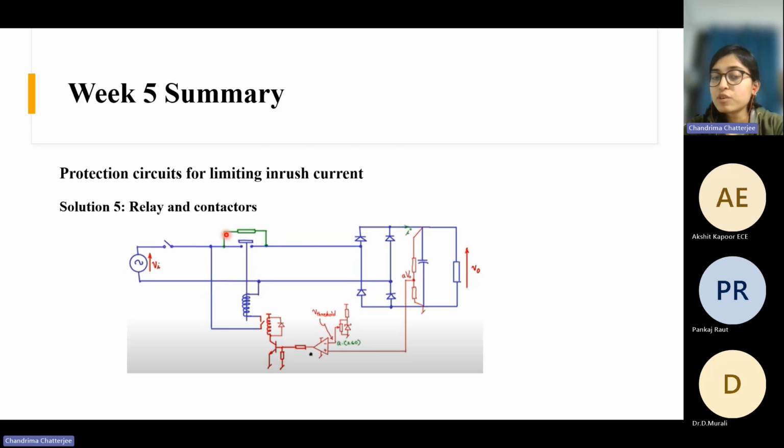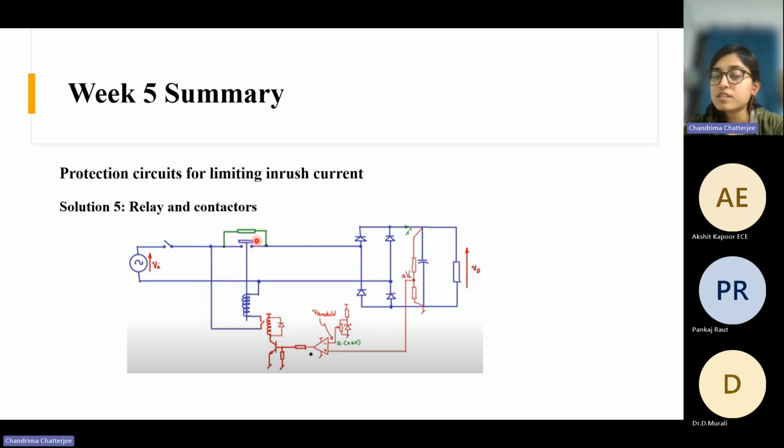The current will flow through this circuit, and as this resistance is there, the inrush current will be limited. Now, when the circuit reaches steady state, we don't need this resistance.